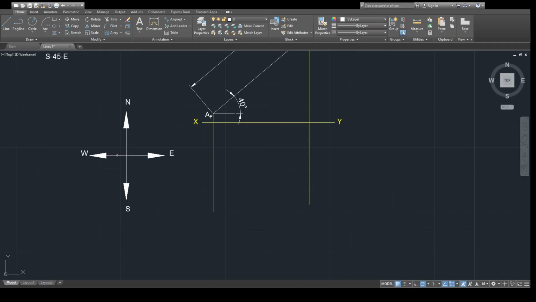So what I will do, I will take this, just for time being I will use it here.